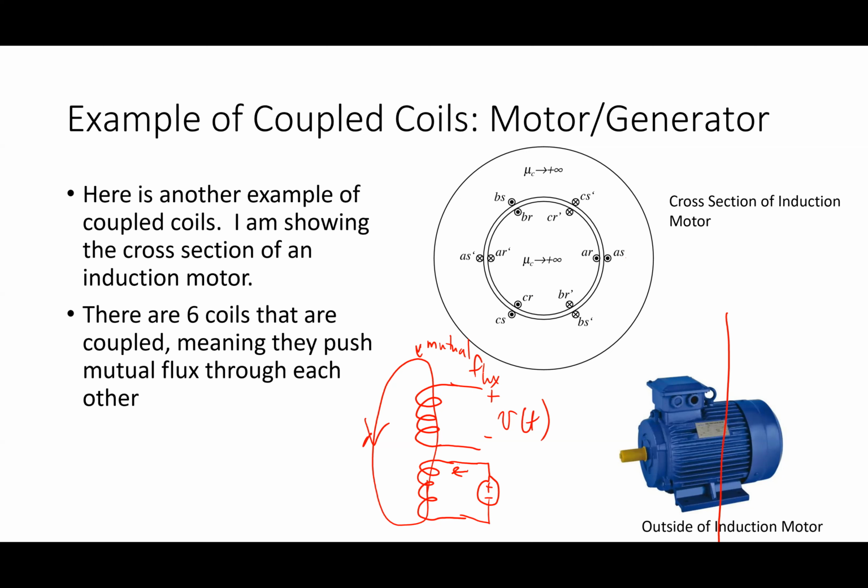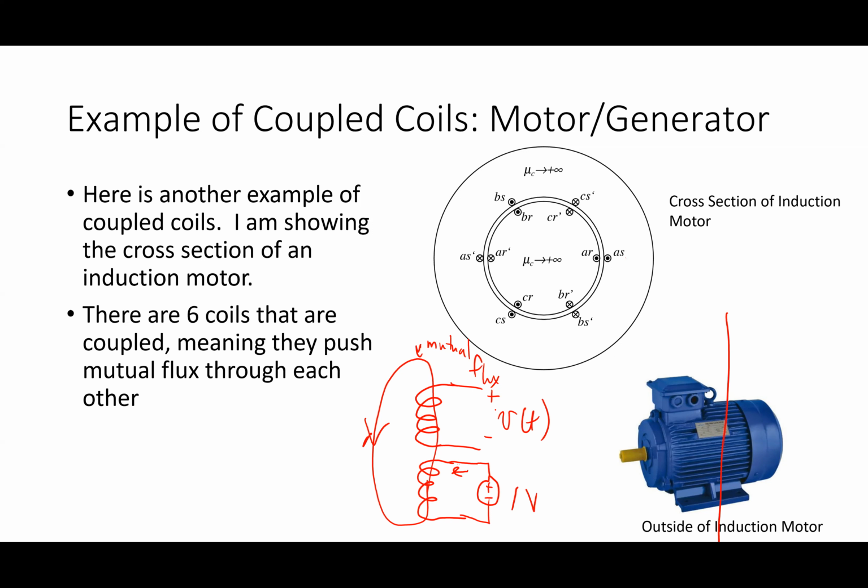Now, I did a video to kind of capture this, but if I just put one coil on top of the other, and those 2 coils have the same number of turns, and I put 1 volt right here, what's the voltage on the top coil? If I just put them right on top of each other, it's going to be less than 1 volt.